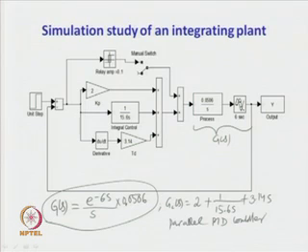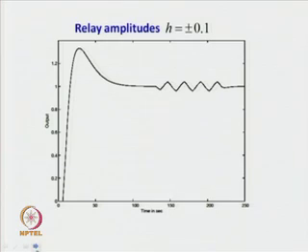When the relay is switched on at about 125 seconds, then limit cycle oscillation at the output takes place.